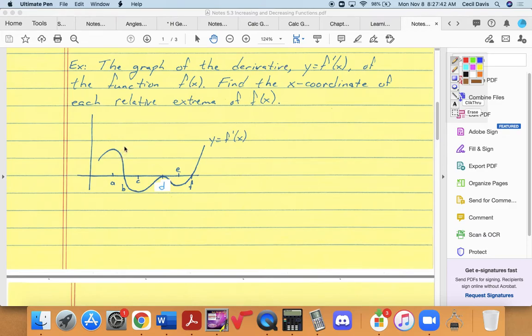But here at point b, notice the derivative changes from positive to negative. So what must be true of f at point b? It's a maximum. Yeah, f has a local maximum at x equals b.